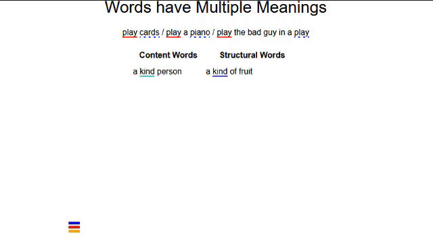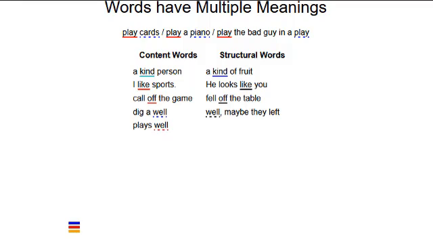However, now consider the different parts of speech of the words kind in "a kind person," "a kind of fruit," like in "I like sports," "he looks like you," off in "fell off the table" and "call off the game," well in "dig a well," "plays well," and "well, maybe they left."